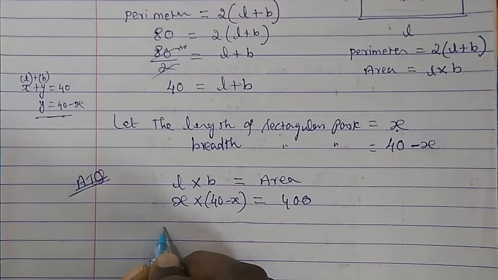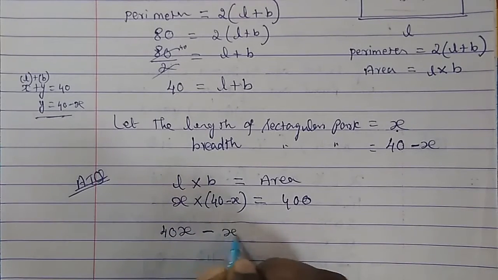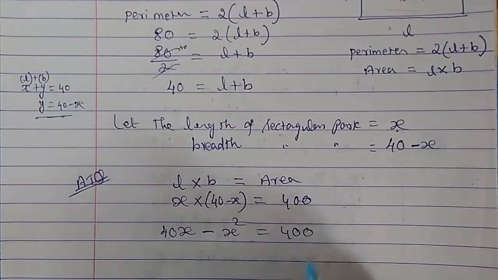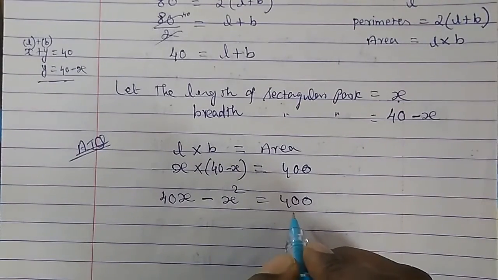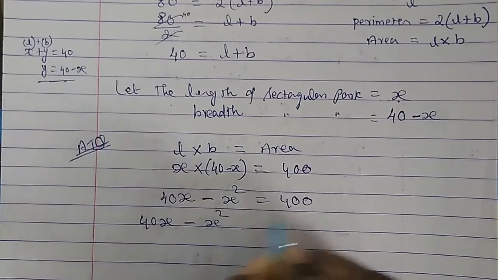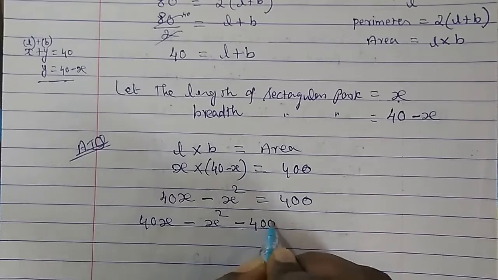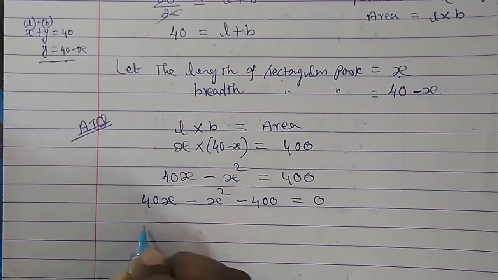Now solve this. We will get 40x minus x square equal to 400. So now let's bring this 400 inside. 40x minus x square minus 400 equal to 0. Let us arrange in the standard form.